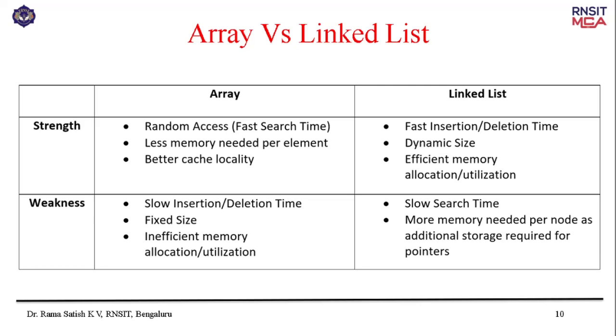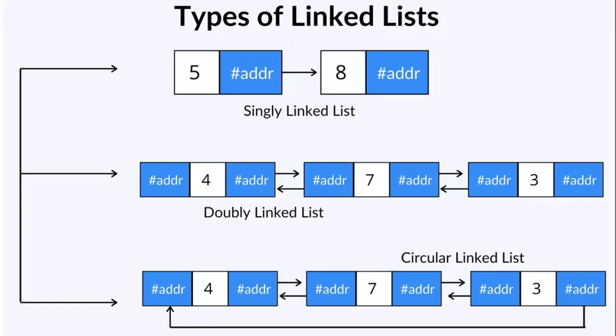But one major drawback is that it is slow in accessing or searching elements. So it has a slow search time, and more memory is required as each node has an additional storage requirement for the pointer. That is the comparative study between arrays and linked lists.